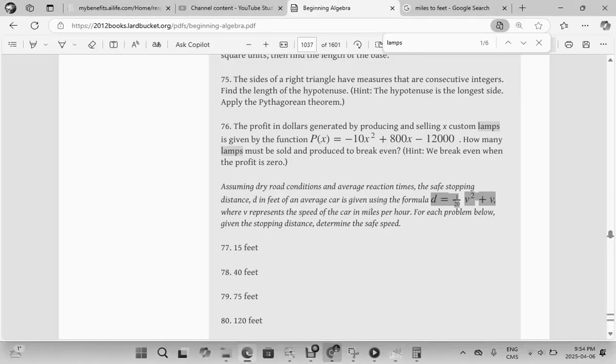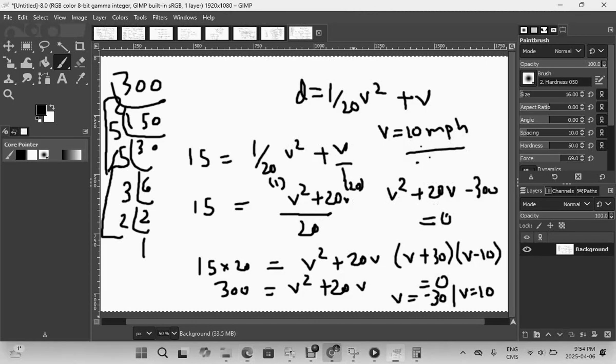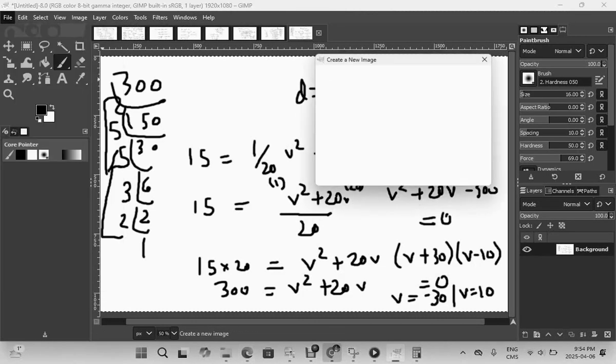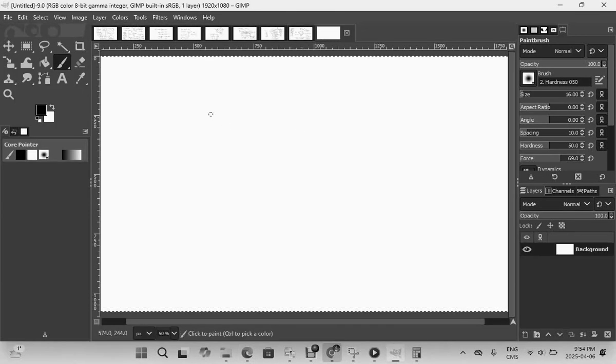You can do the same for 40 feet and 75 feet. So let's go for 75 feet. 75 equals 1/20 v squared plus v.